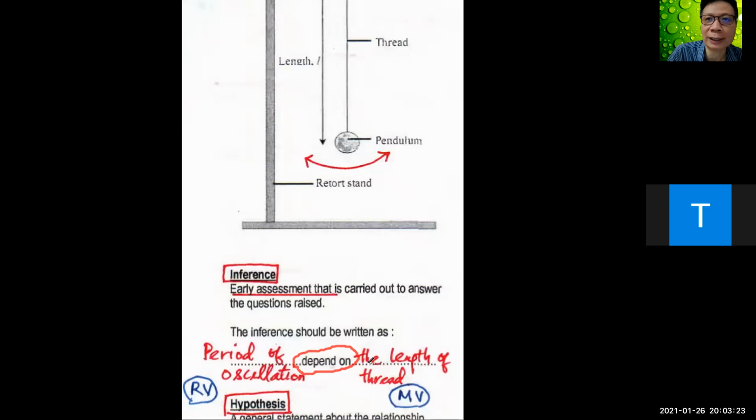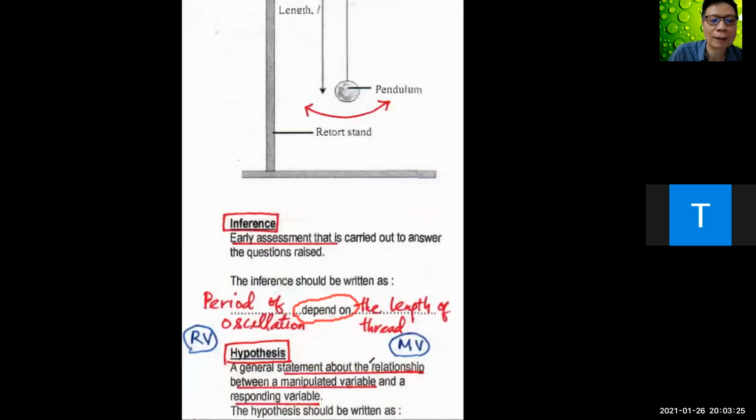The second one is hypothesis. What is hypothesis? Highlight. Hypothesis is a general statement about the relationship between the manipulated variable MV and the responding variable RV. So a hypothesis is a statement explaining the relationship between MV and RV.